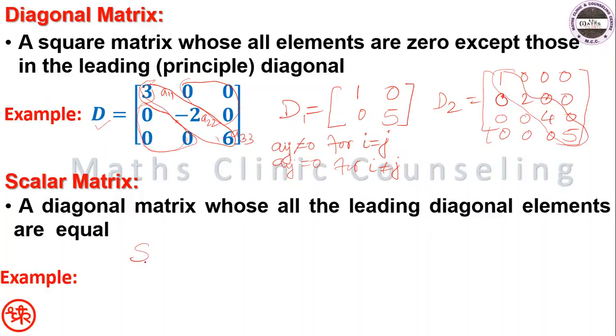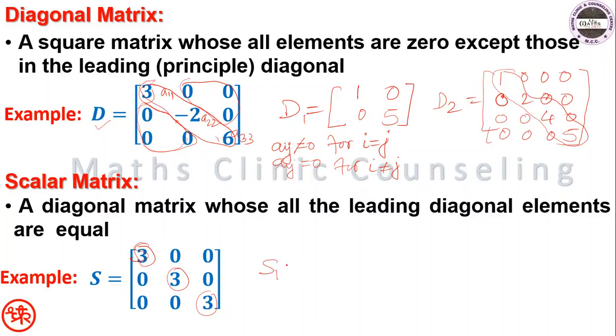Okay, look at here. Here you see these 3 3 3. We can write another example. S1 is equal to 2 0 0 2, right?